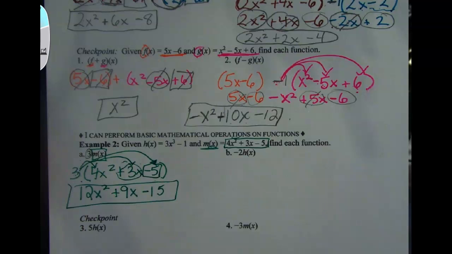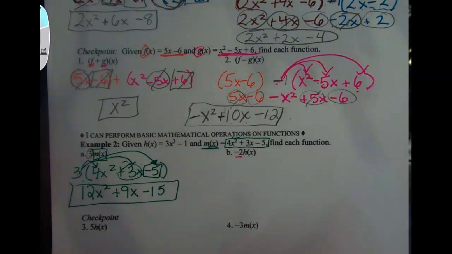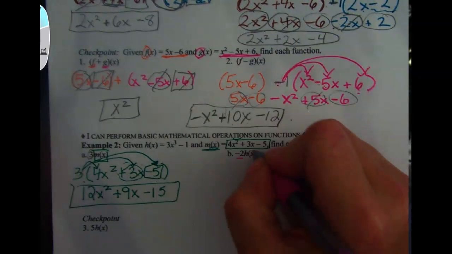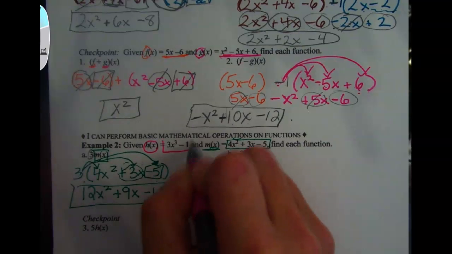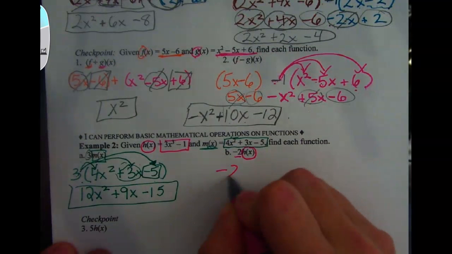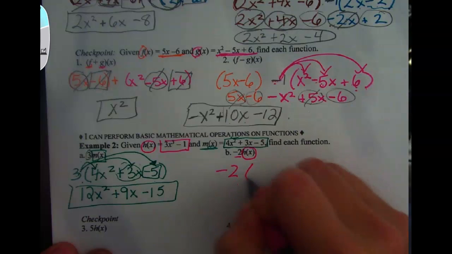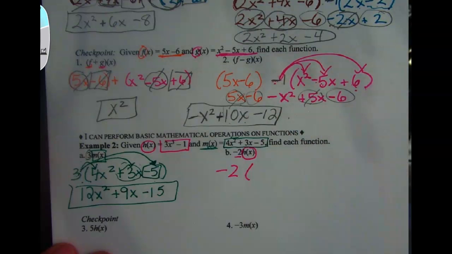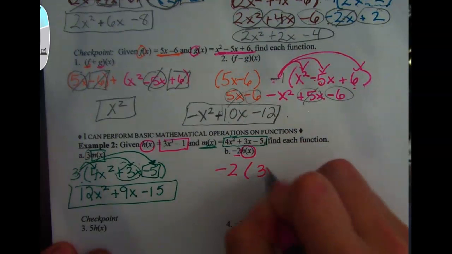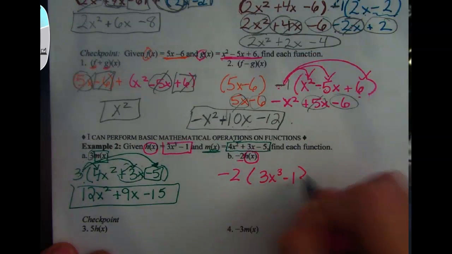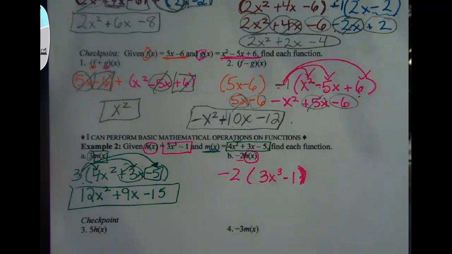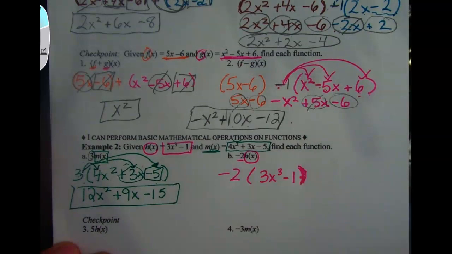Okay, let's do B. This one wants me to take a -2 and multiply it by this h of x. H of x is right here. So I'm going to take negative 2, and again, I'm going to put this function in parentheses, 3x to the third minus 1. Oops, sorry, that's an ugly parenthesis. Again, for the multiplication, we are just going to distribute right now.